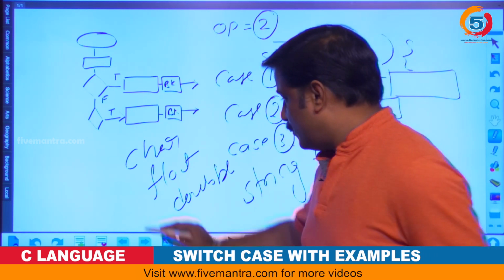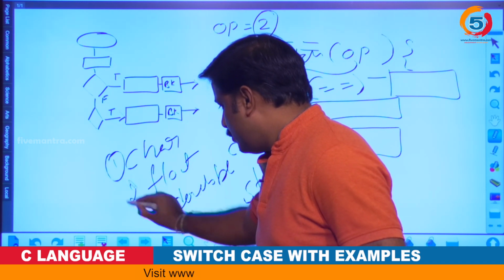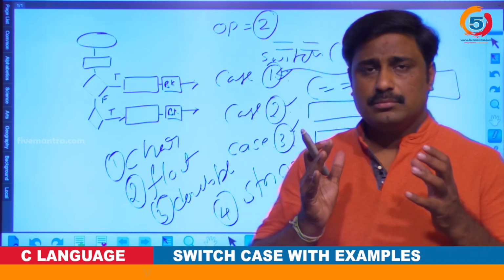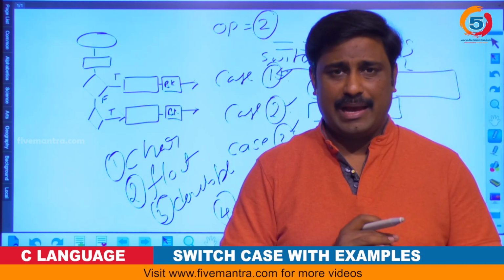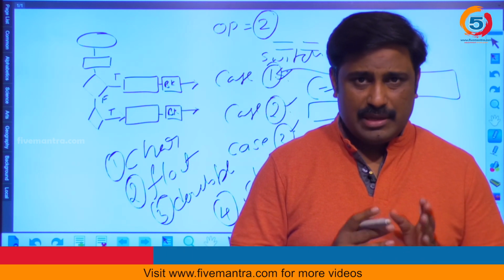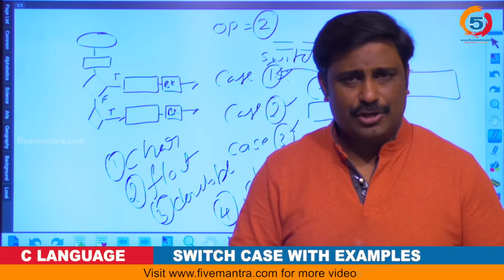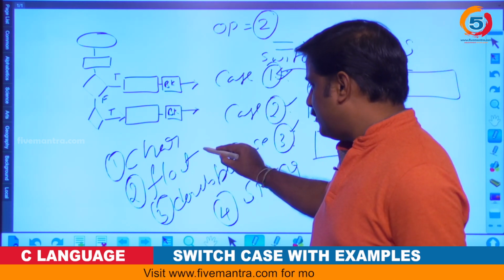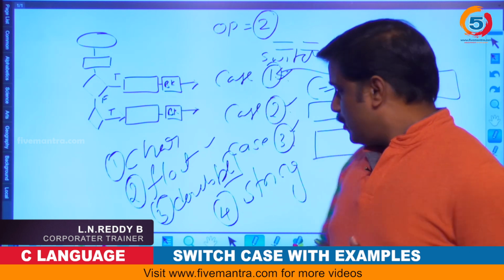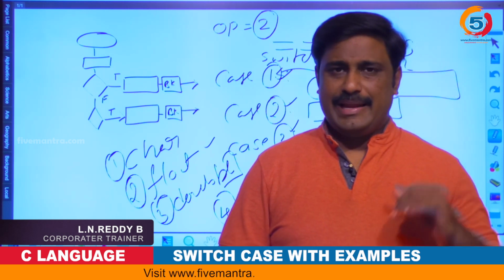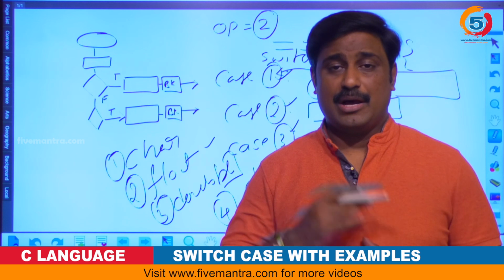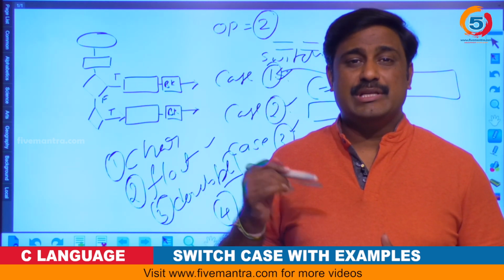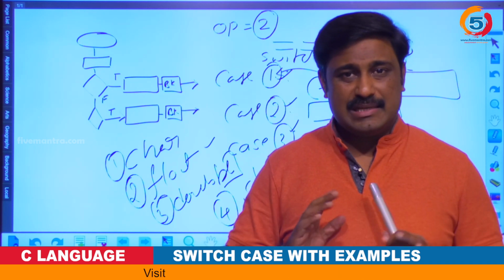We have four other data types: one is character, another is float, another is double, and another is string. How will they work? Long integer is the same thing, it's not a problem. But character is a different type, and float is a different type. If I know float, there is no need to check double. The same way for string. Basically, I have to work with three data types, and how to work with these three data types using switch case is what we are going to discuss today.